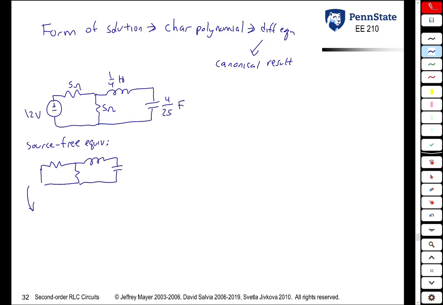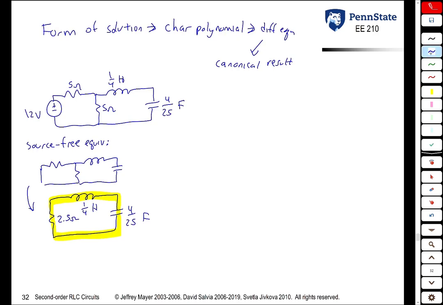Which in turn becomes a single resistor, which is 5 and 5 in parallel, or 2.5 ohms. Our inductor is 1/4 of a Henry, and our capacitor is 4/25 of a farad. So looking at the source-free equivalent, we now reduce our circuit to, in this case, a series RLC circuit.